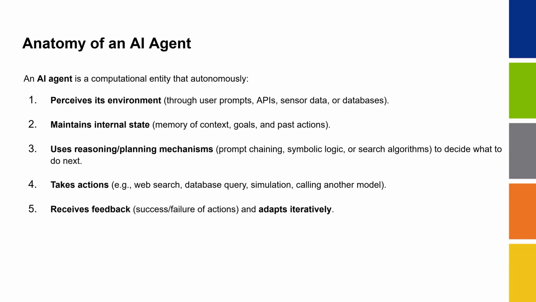Reasoning and planning mechanisms are necessary for an agent to decide what to do next. They will do prompt chaining, and they will use symbolic logic or search algorithms. Agents will also take action, and the actions will look like web searches, database queries, simulations, and calling another model.